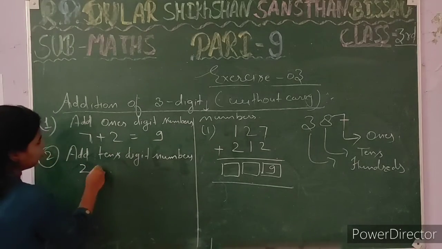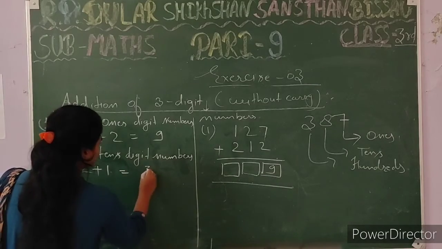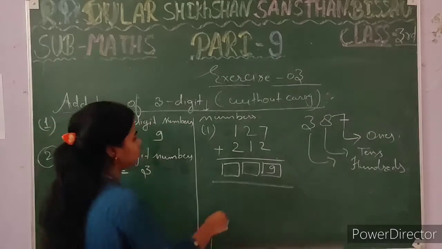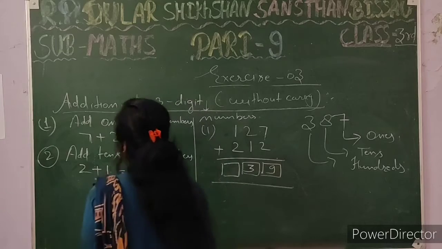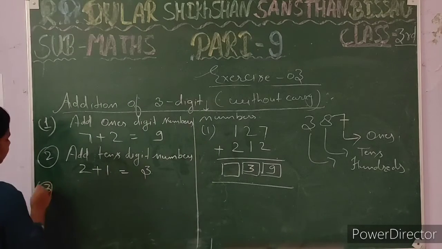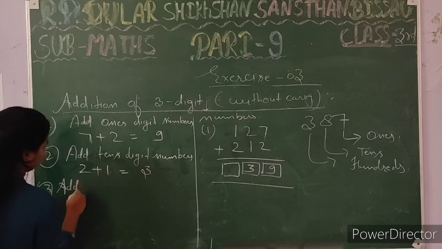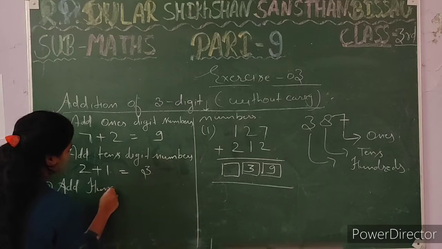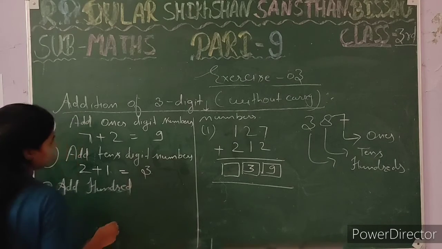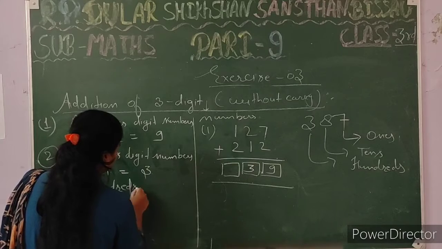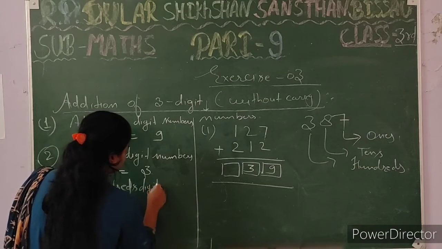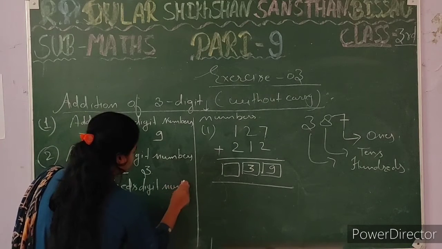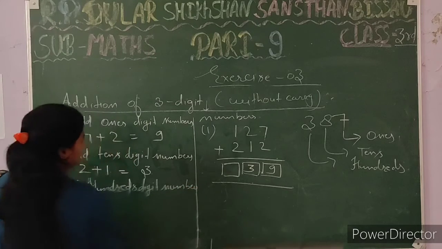The tens digits are 2 plus 1 is 3, and write 3 in the column. Then add the hundreds digit numbers.